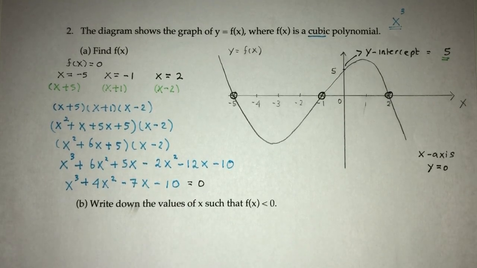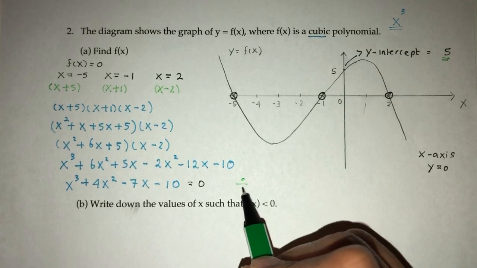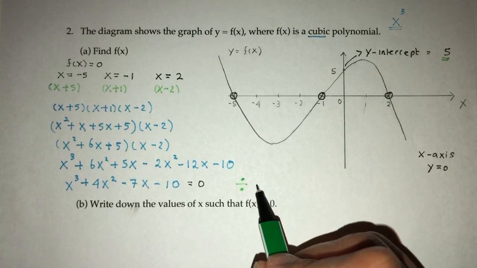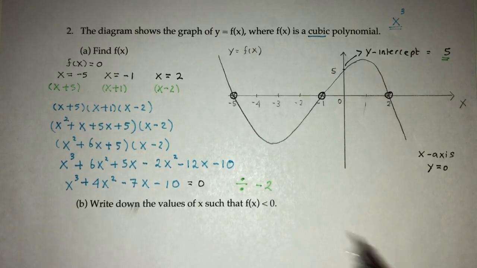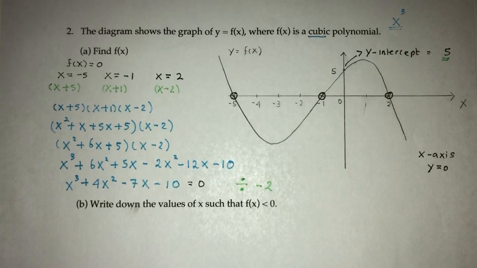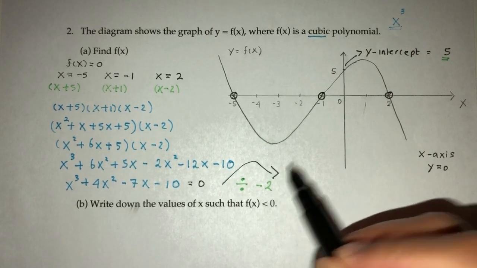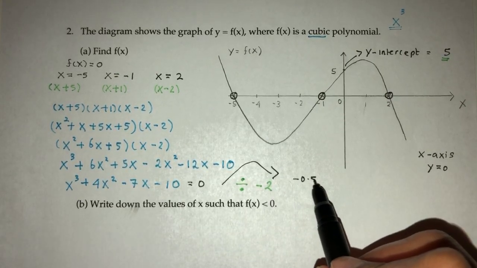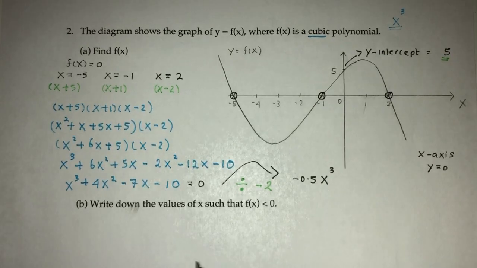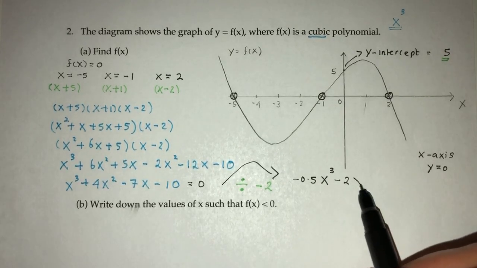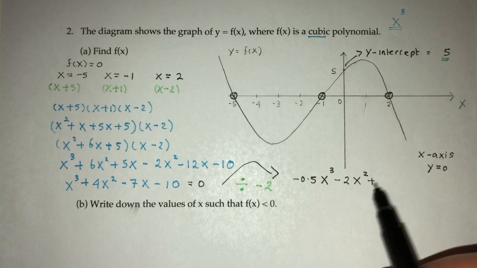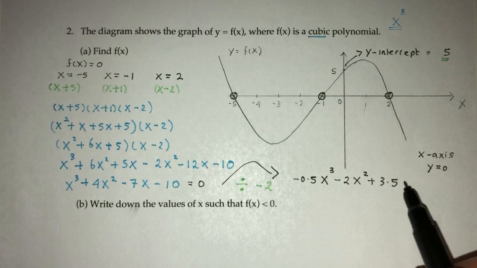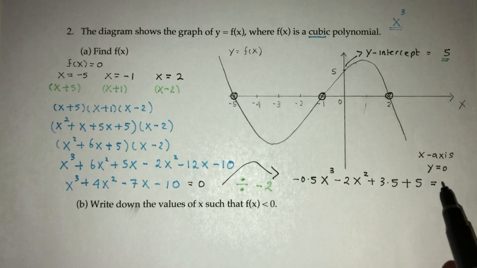You have to divide by minus 2. So it can become 5. So divide by minus 2, and this becomes minus 0.5 x cubed minus 2x squared plus 3.5x plus 5 equal to 0.